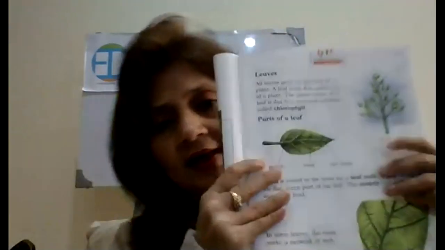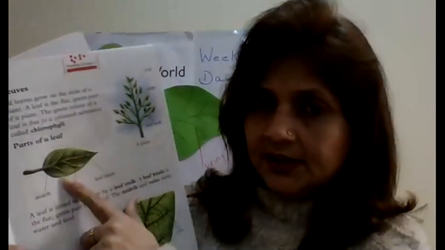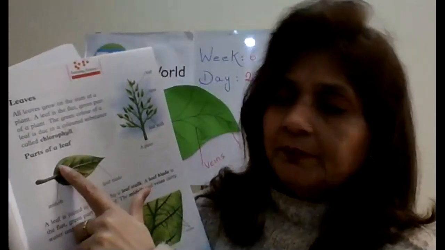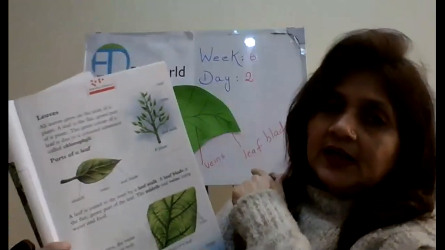It's called the blade. Now, quickly take out your books and I'm going to show you page number 29. Here you can easily see that they have shown the parts of a leaf in the same way I have drawn on the board.